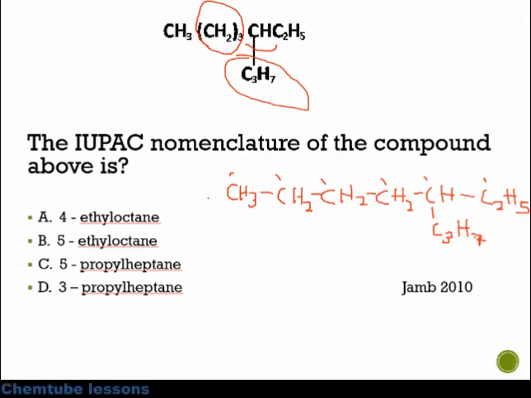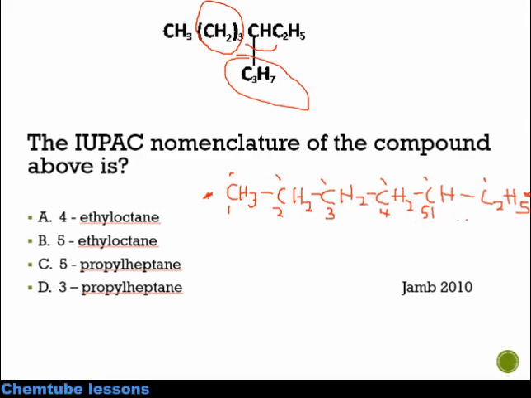So from here to here we have just 7 carbons. But if you count from here down to this place, we have 1, 2, 3, 4, 5, and then plus this 3, we have 8.